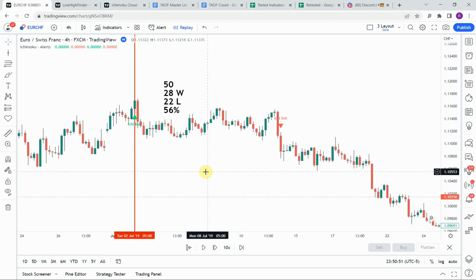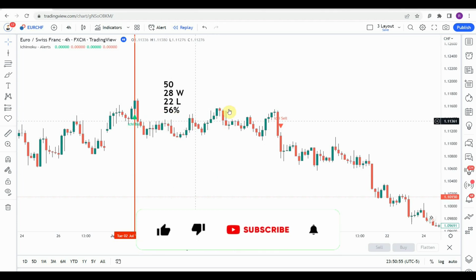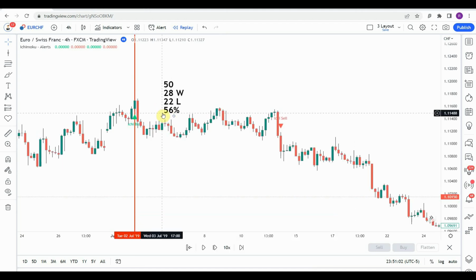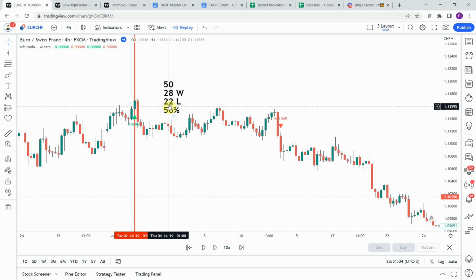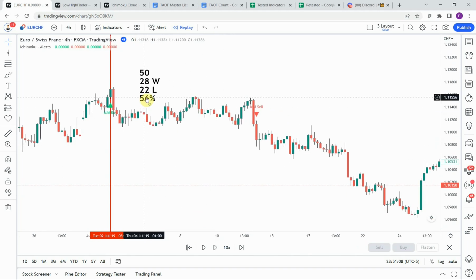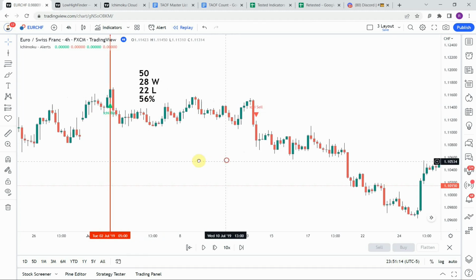Again, we had an indicator that was between the 55 and 60% win rate. A few of these winning indicators seem to hover right above that 50% win rate, not necessarily the 60% criteria that we're looking for.